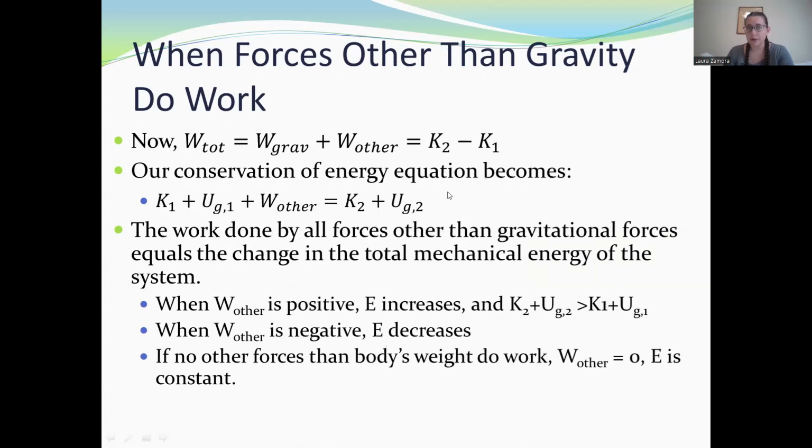So if this other work is positive, that means the energy is going to increase, or we have energy kind of added into our system. And so our final amount of energy is greater than our initial amount of energy. And then vice versa, when that other work is negative, the energy is going to decrease.